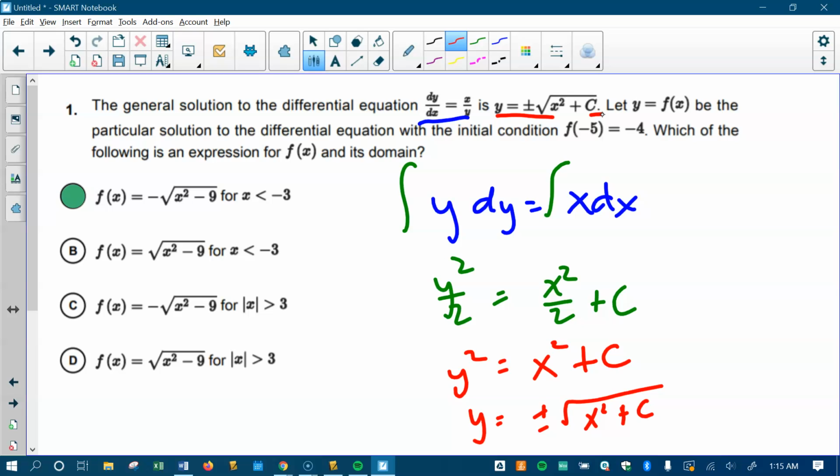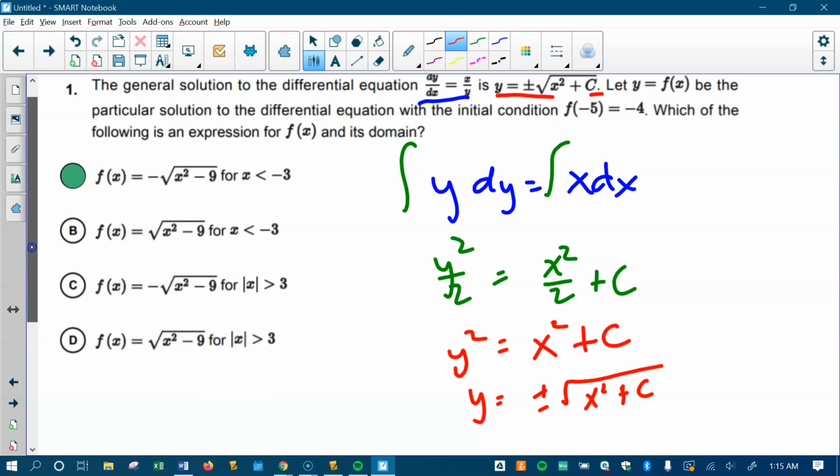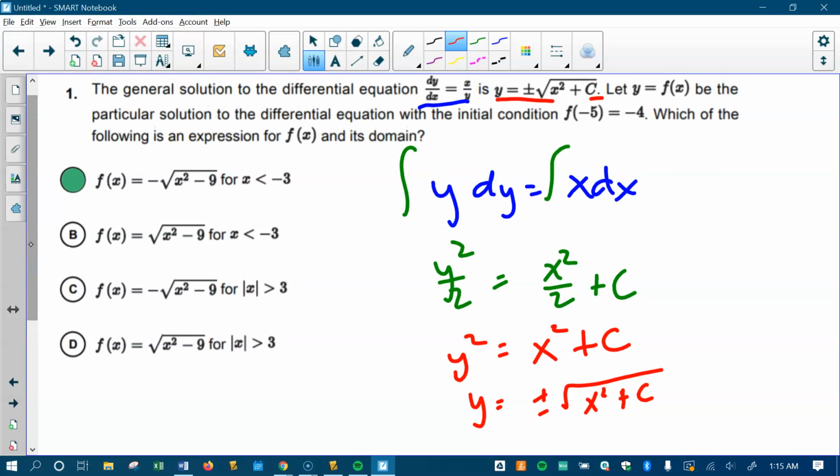Now, if there's an initial condition of f of negative 5 equals negative 4, the way we can do that is we can go ahead and plug in negative 4 for y and negative 5 for x.